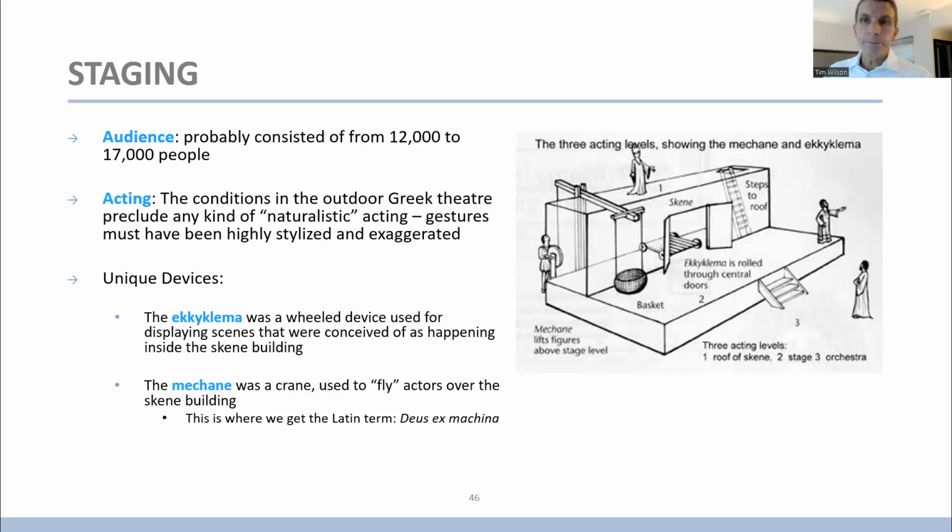Now, the staging. The audience might have consisted of between 12,000 and 17,000 people. As for acting, the conditions of outdoor Greek theater preclude any naturalistic acting. They don't have film techniques like the close-up, where we can see minor accentuations of the face, maybe a tinge of sadness in a person's eyes.